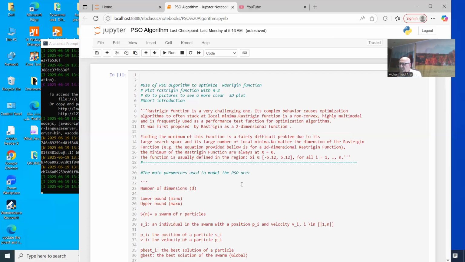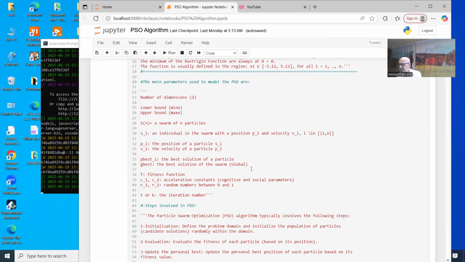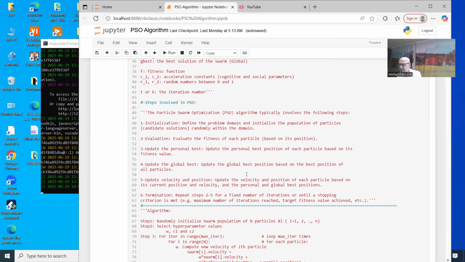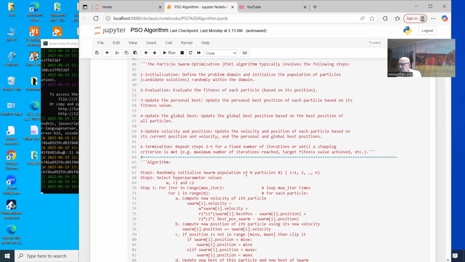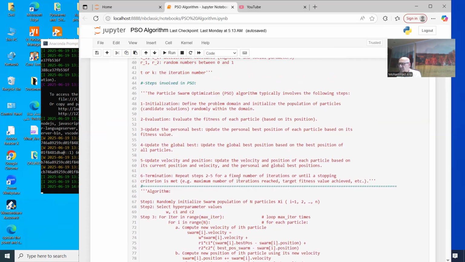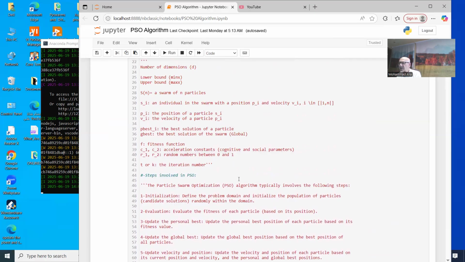Anyhow, I think that this illustration is useful to you, and if you wish, you can work with it with any other function.